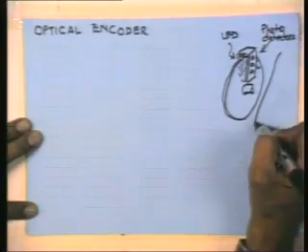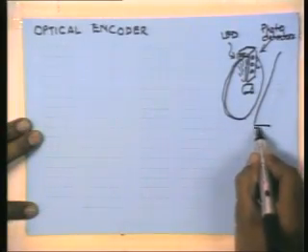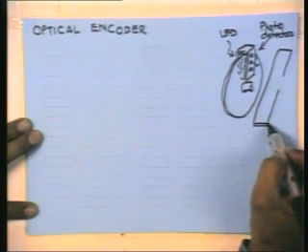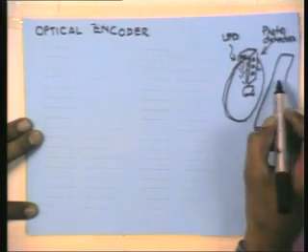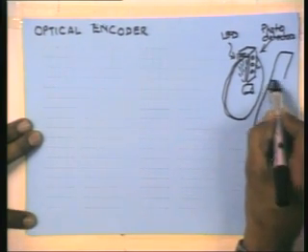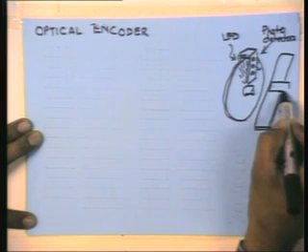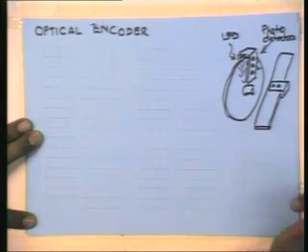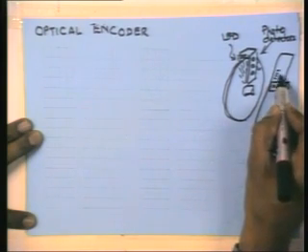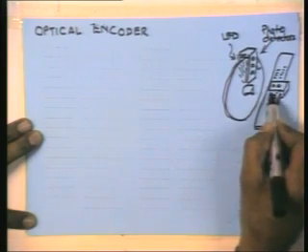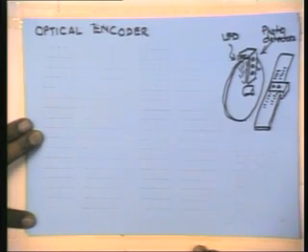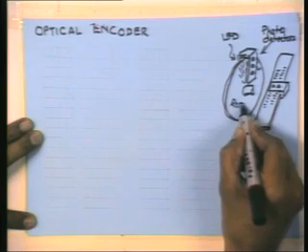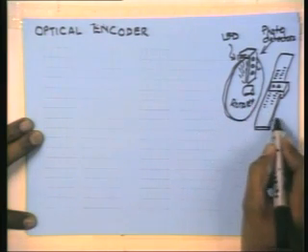In the linear variety you will have a coded linear segment, and you will have sensors mounted on that in the same kind of way, and then you will have some pattern on the linear encoder. So this is the rotary type, and this is the linear type.